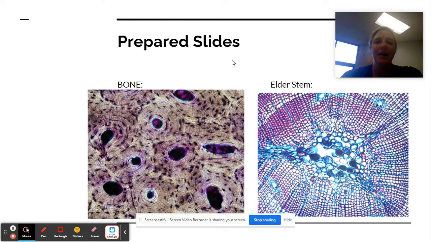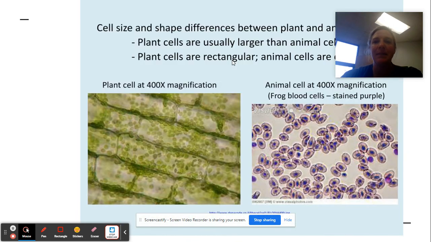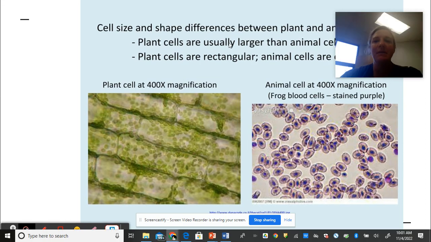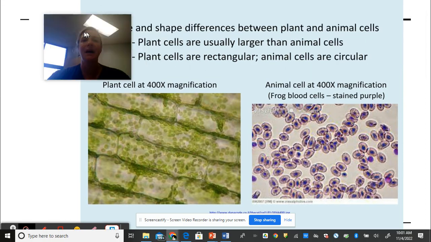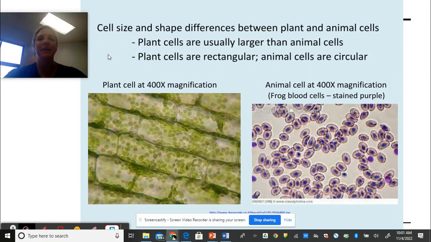And that would obviously be made of animal cells versus an elder stem, which was one of your slides, are plant cells. And when you're looking at them on a microscopic level, you should see some differences. Some of the differences are going to be cell size and shape. Differences between plant and animal cells: plant cells are usually larger.